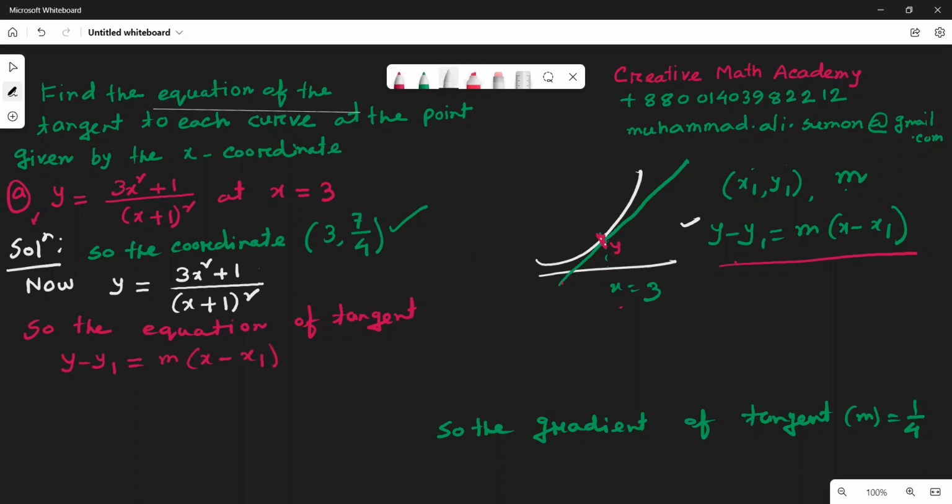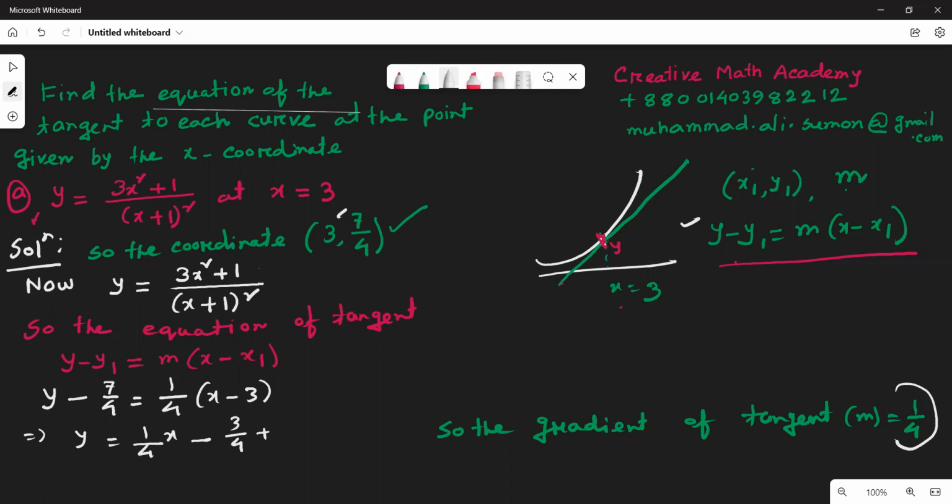So y1 is 7/4 and m equals 1/4. x minus x1 is this 3. Now simplify this. y equals 1/4 x minus 3/4 plus 7/4.